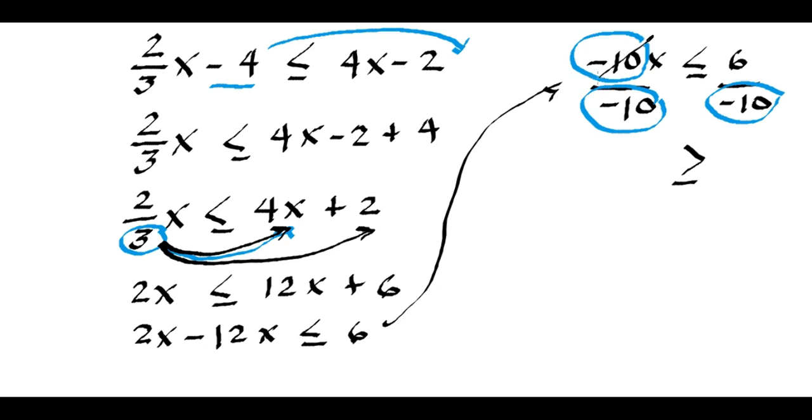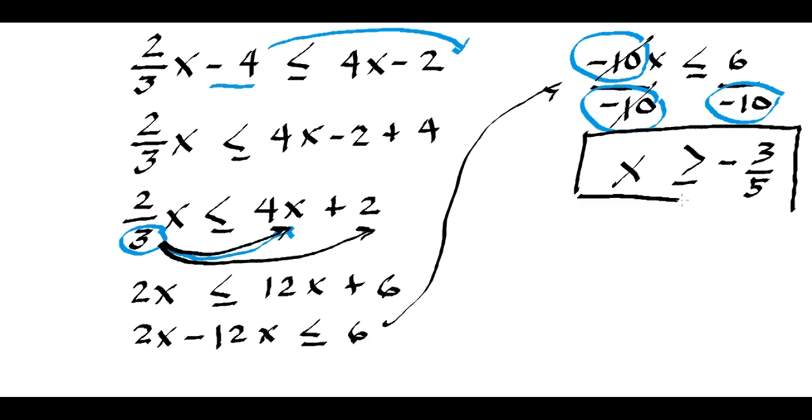Then, cancel 10, negative 10, cancel negative 10, matitira ay x. Positive divided by negative, that is negative. Then, 6/10 reduced to lowest term, so that is 3/5, negative 3/5. So, that will be our answer. X is greater than negative 3/5.